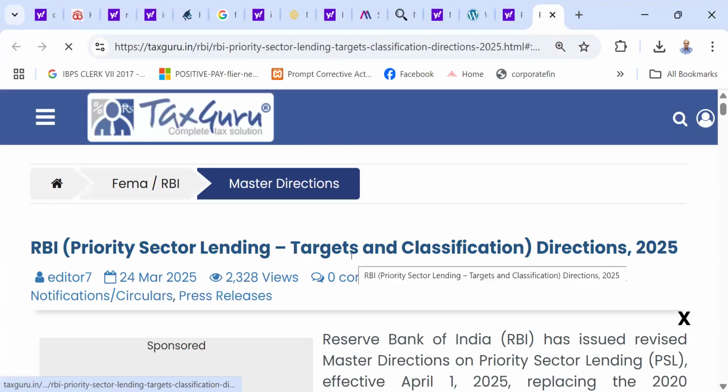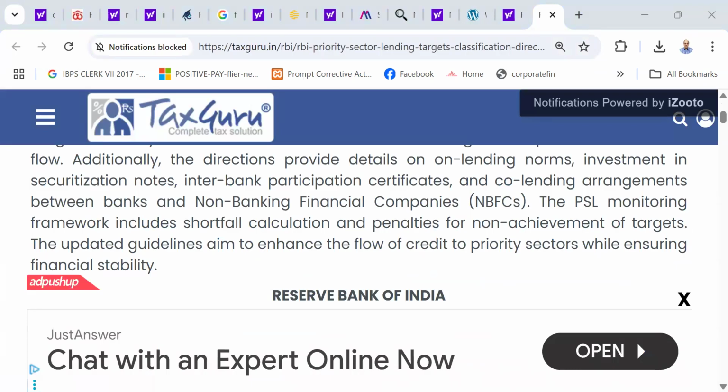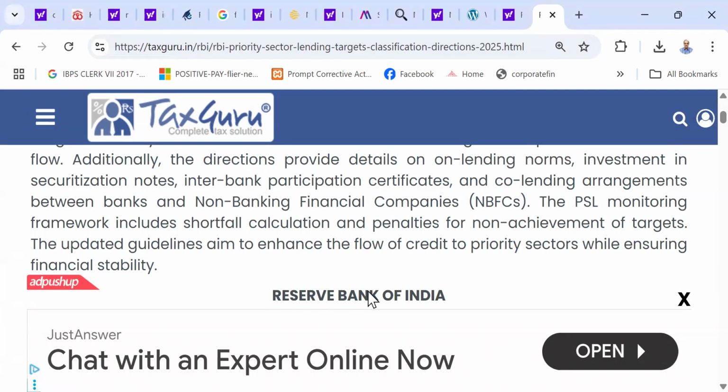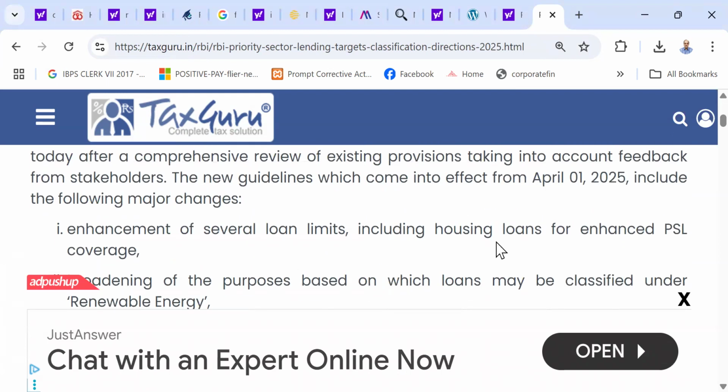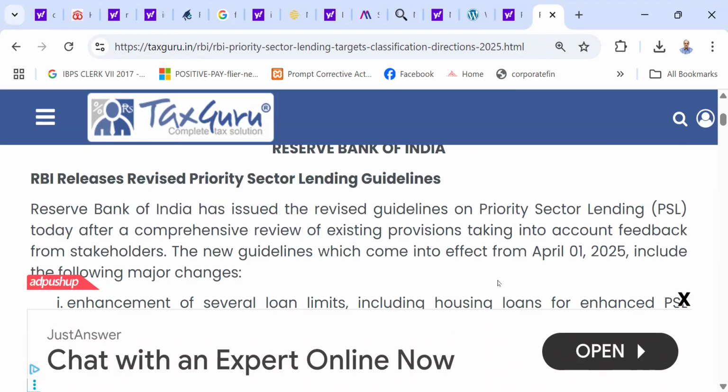We can read master guidelines. I am taking you to this one. The best source is RBI. Are you seeing on the screen now? Yes, sir.